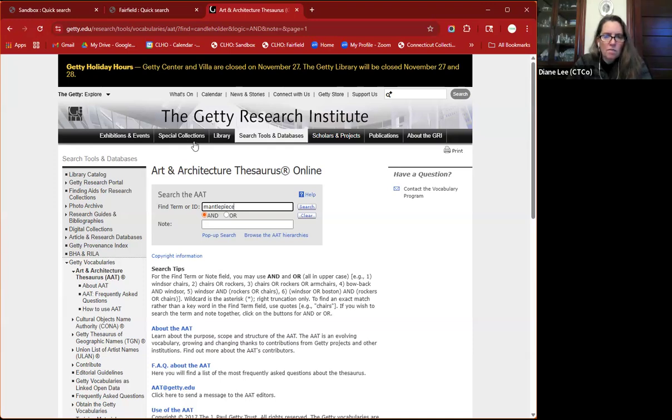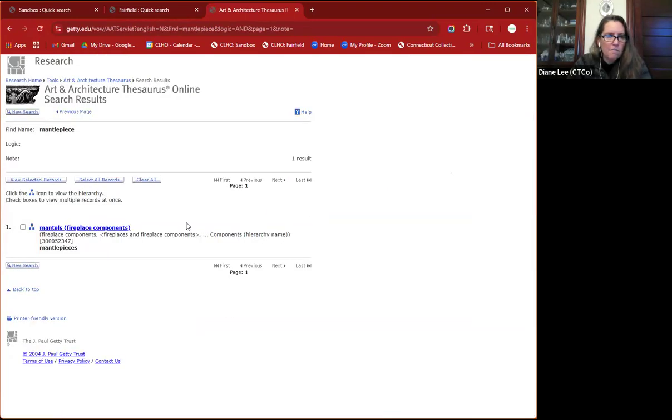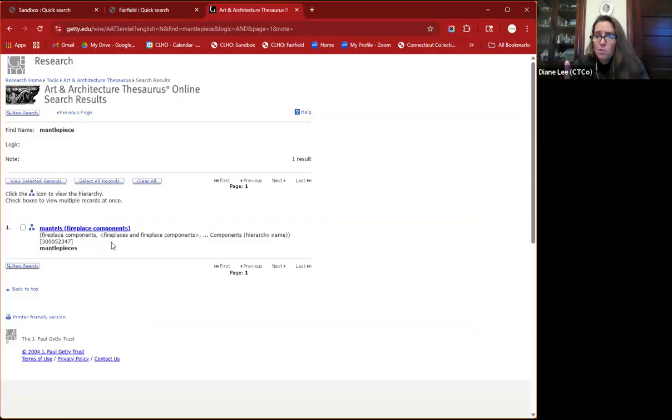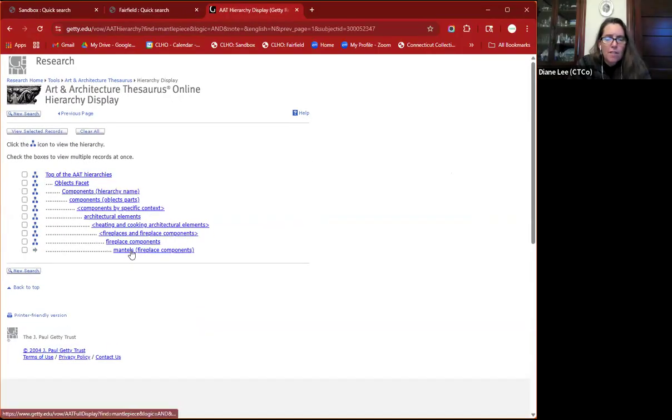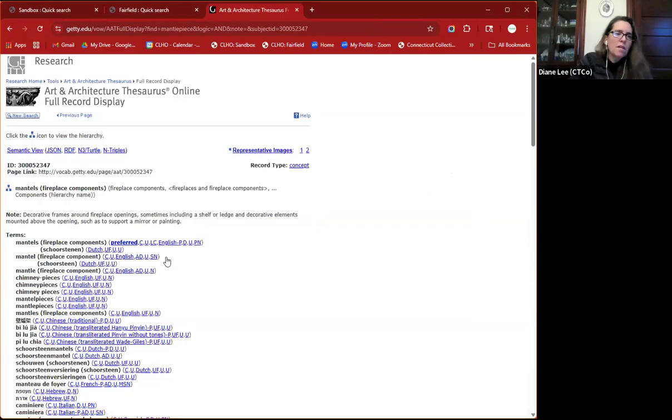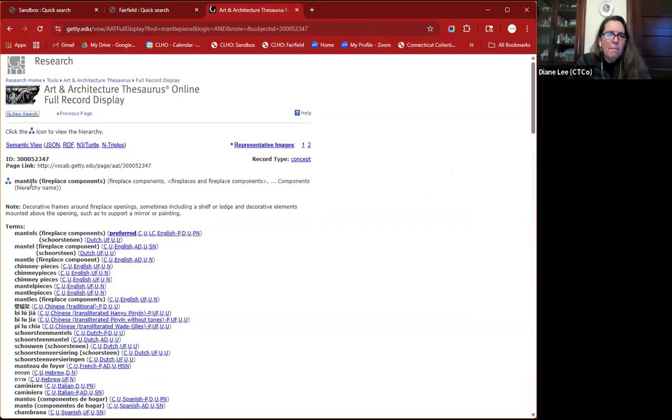Mantelpiece was one that I think I did ages ago. So not mantelpiece, but mantles, fireplace components. So that's something I wouldn't have thought of. So what I would do for this one, say I have a mantle in my collection, I would not necessarily say mantles fireplace components in my title.